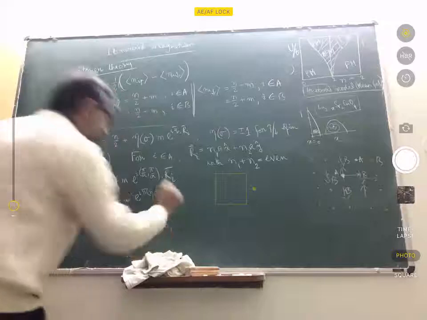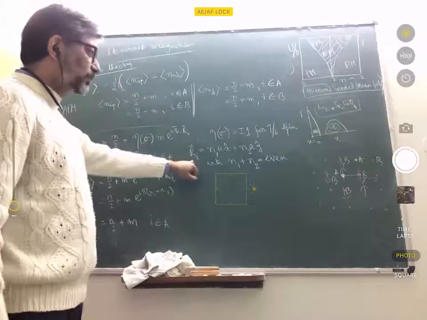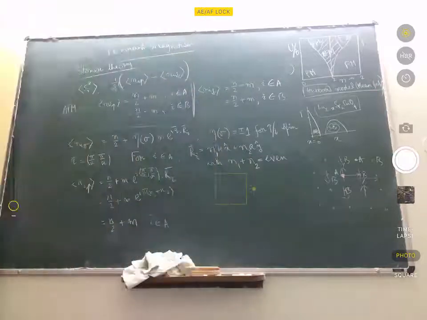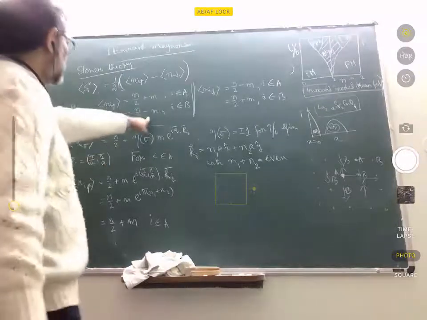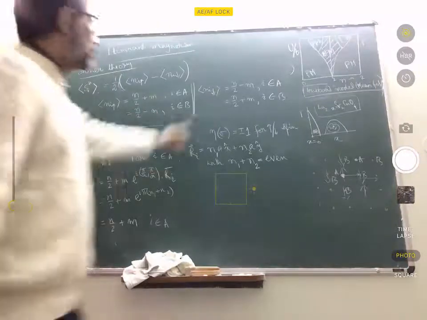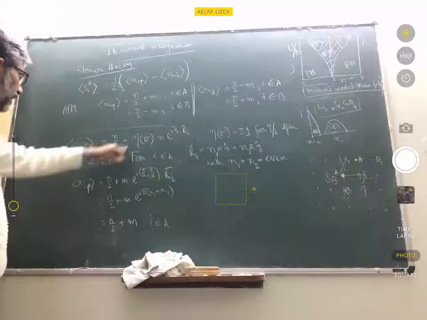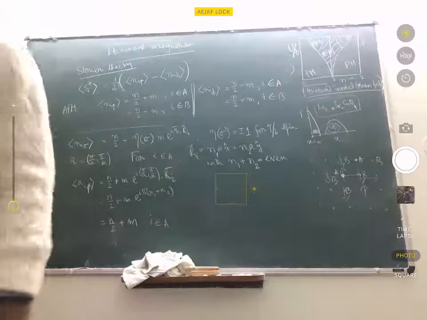Now it's straightforward to see that if i happens to be on a B sublattice, you have to take an odd number of steps, so n1 plus n2 will be odd, and you will get a minus sign. So you'll get this for the upspins. For the downspins, it will get reversed because this eta will now be minus 1.